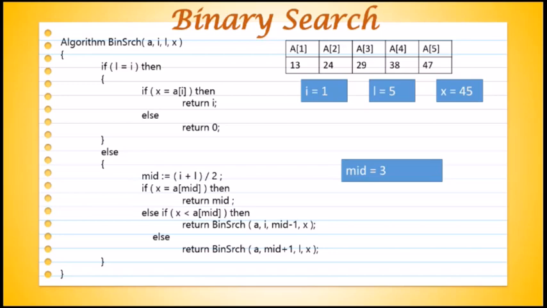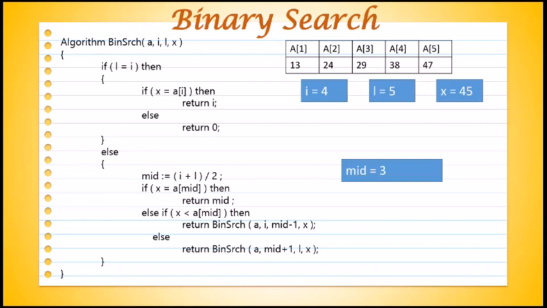So we are changing the value of I and calling the function recursively. Now I will be 4 and we will call the function again. Now again we check the first condition, whether L is equal to I.